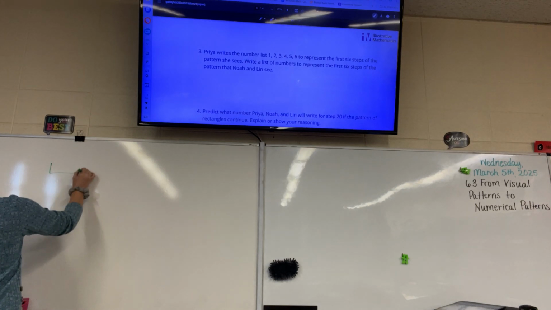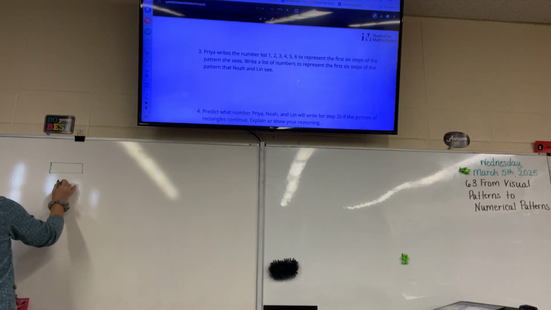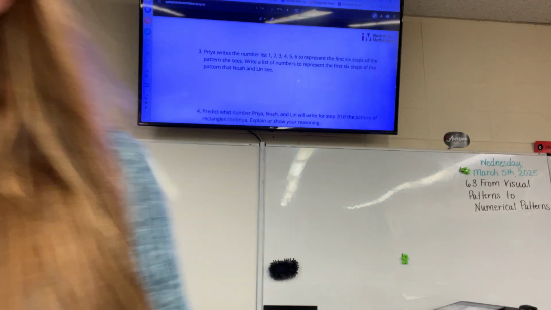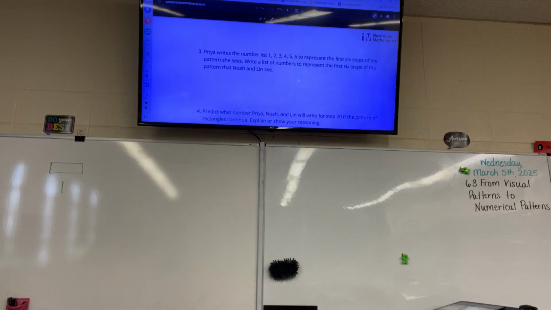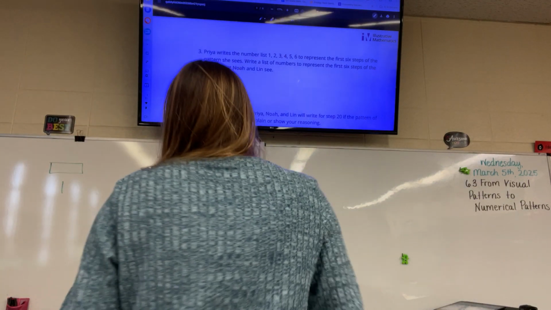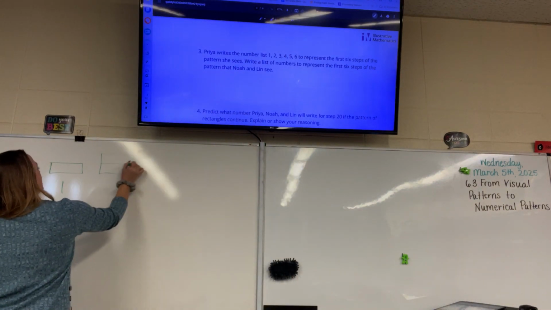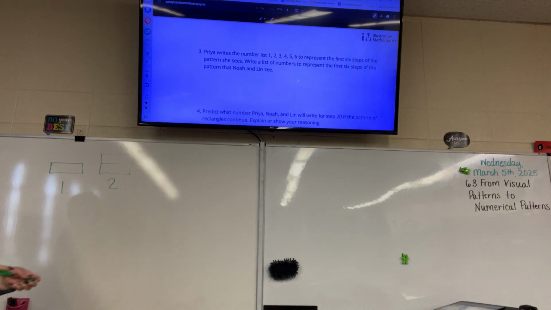So how many rows would be in the first step? 1. Look. How many rows do you see right there? Just 1, right? How many rows are in step 2? 2. So the cool thing about Priya's way of looking at it is the step number matches the number of rows.